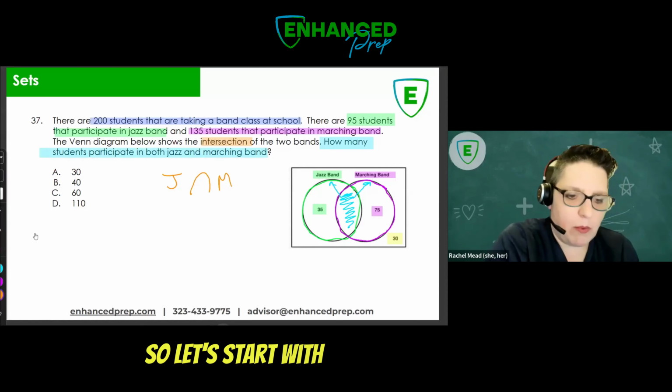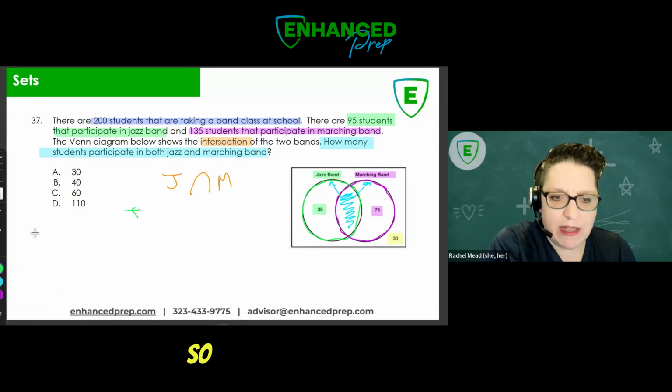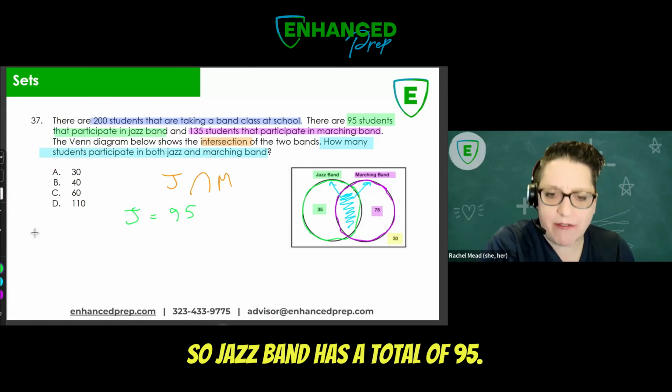So let's start with what we know about jazz band. Jazz band has a total of 95. Now this 35, because it's not inside my overlap or that light blue part that is also attached to the purple, says that there are 35 in jazz band only. So this 35 is my jazz band only.